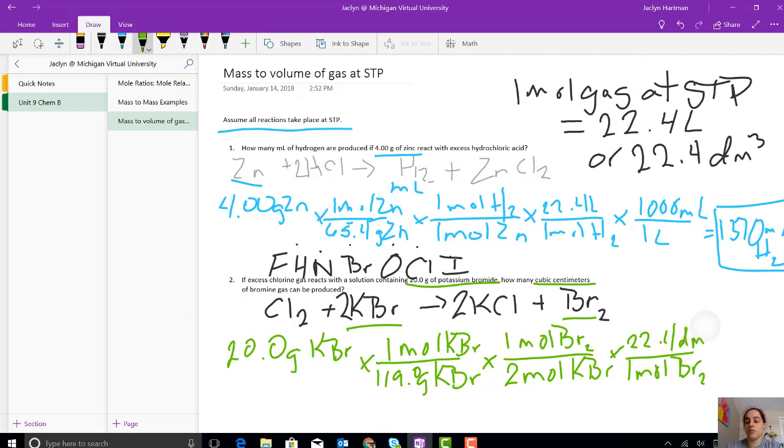I'm going to use decimeters cubed this time. And then I'm going to convert to centimeters cubed, and 1 decimeter cubed is 1,000 centimeters cubed. And my answer is 1,880 centimeters cubed of bromine gas.